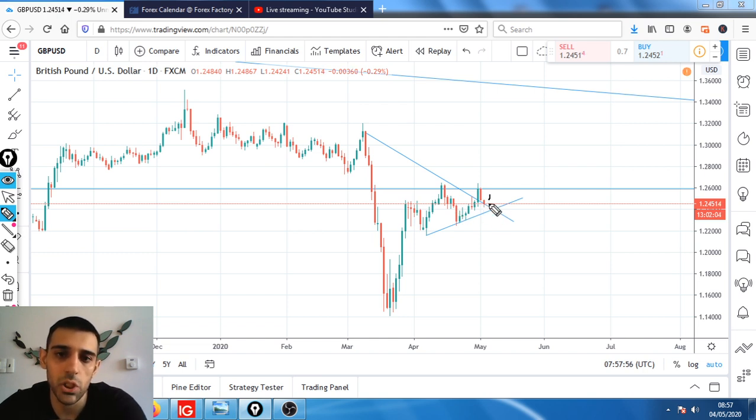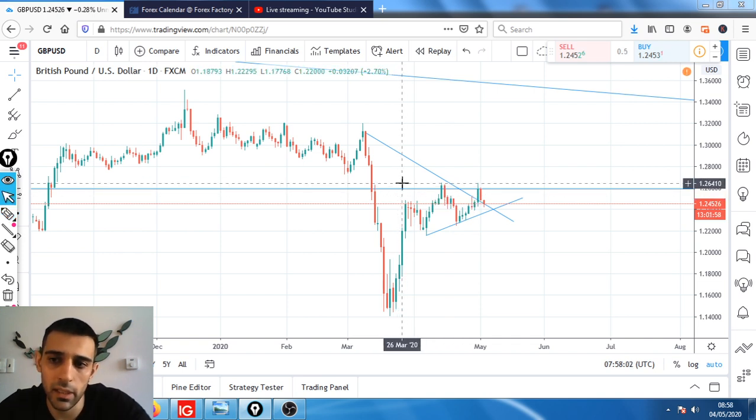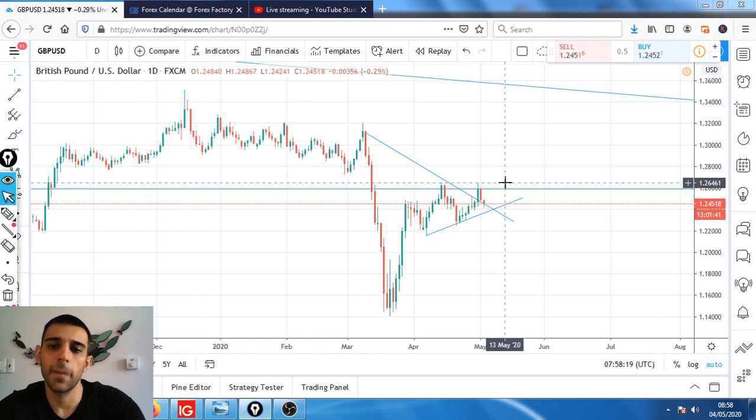Then I would look to take the trade on the retracement. But the target is good. You would be waiting for the price to come up and take out these highs, which the price can do, because if the price comes up for another test, there's a good chance it will want to take out these highs.